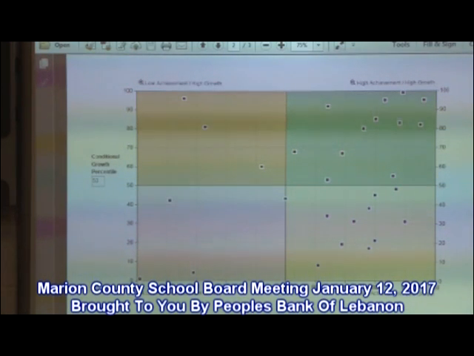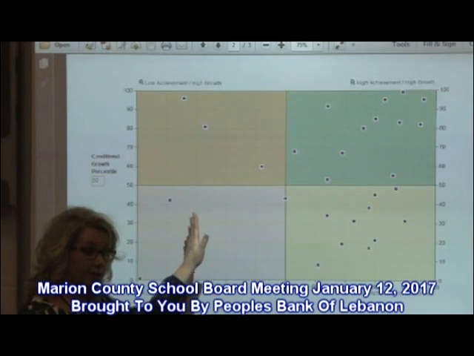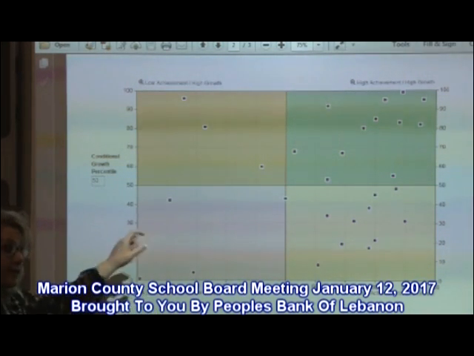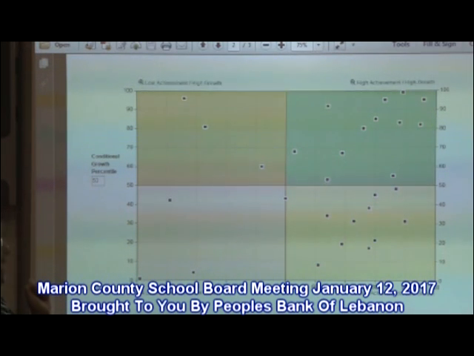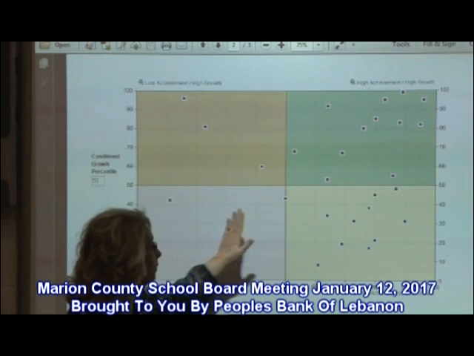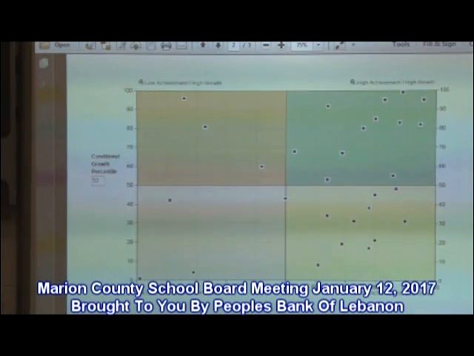And so for this particular graph, you can see that there are 4 sections. Each one of these dots represents a student. And so if I'm a student in these 2 quadrants, then I did not grow at the same rate, I guess, as the typical growth of all students in the nation that took this test at this time of the year.